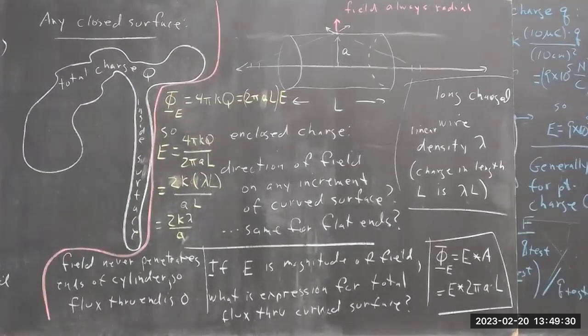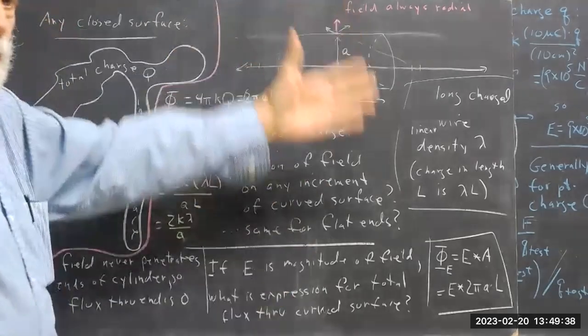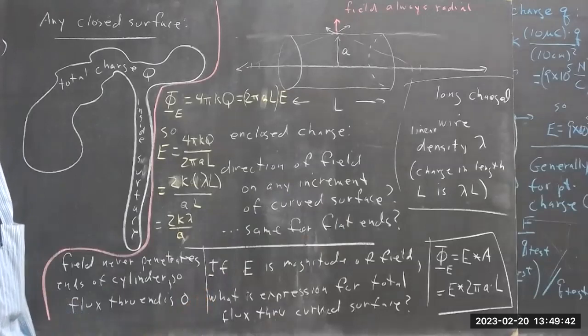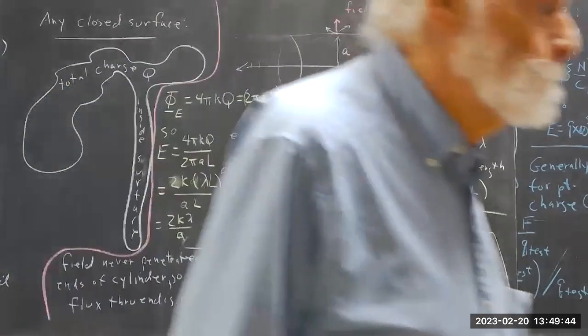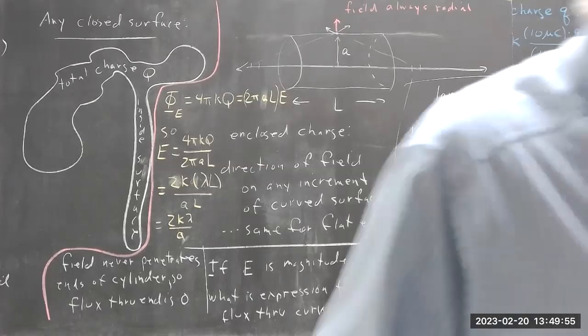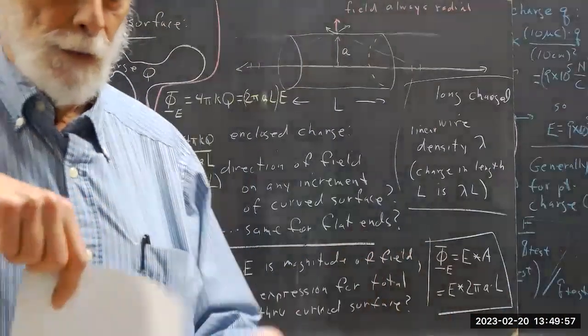Okay. Now there's another configuration we want to quickly talk about, and that's, let's say this whole surface is covered uniformly with charge. Well, let's let this represent the surface.